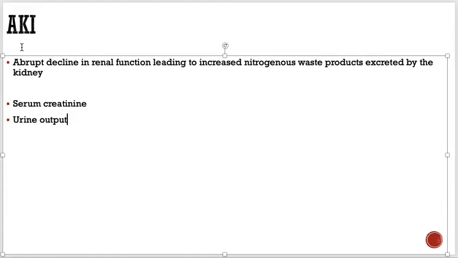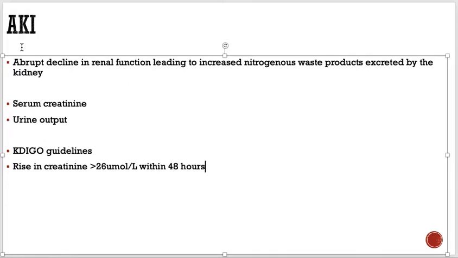Different definitions of acute kidney injury exist, by the way, and there are different guidelines. One of the guidelines is called KDIGO, the Kidney Disease Improving Global Outcomes guidelines. They define AKI as a rise in creatinine to greater than 26 micromole per liter within 48 hours.